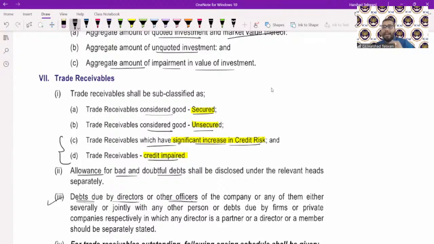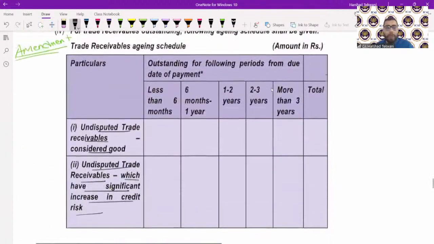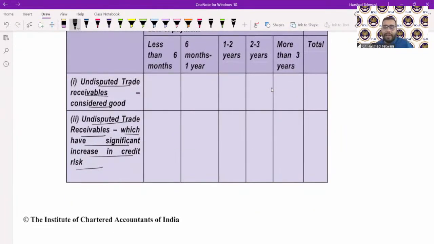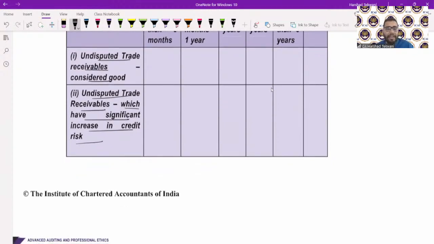So we have bifurcated doubtful into two scenarios: one where there is a high chance of going doubtful, and one which has become doubtful. Credit impaired means that is gone. If the bifurcation in trade receivable is in such a way, then I need to change the bifurcation in the aging schedule also. So undisputed considered good, undisputed having significant increase in risk.